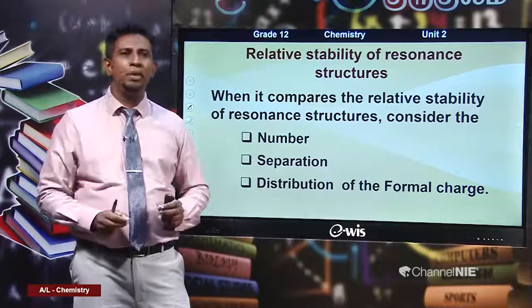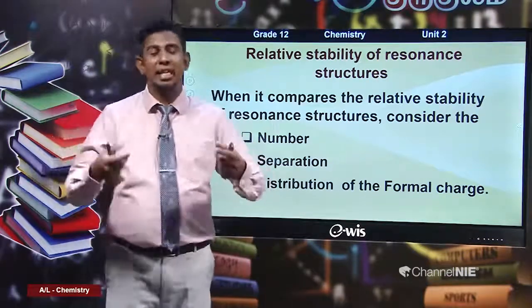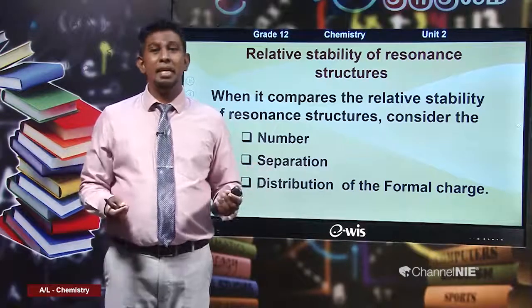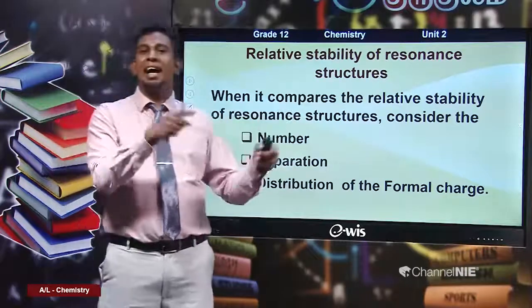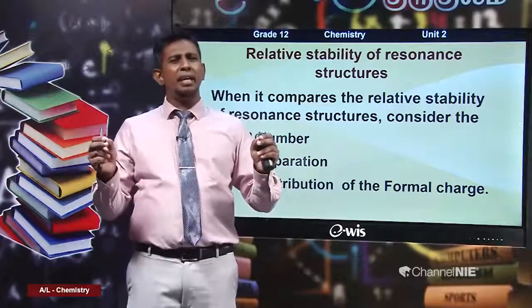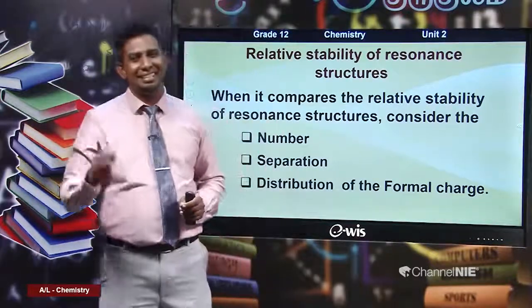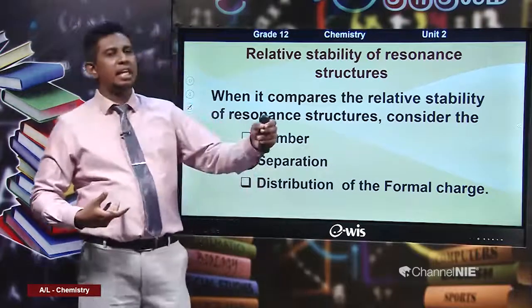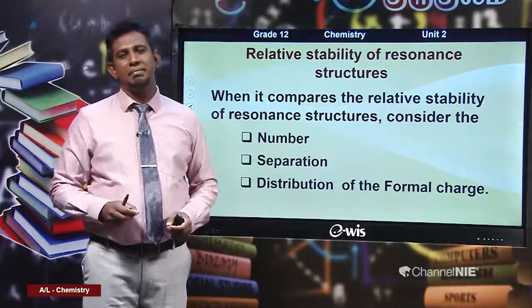There are suitable characters in the society for various different things. It might be difficult as well, but they would face it successfully more than others. So we need to find the suitable character carrying the charge. A more electronegative atom would carry the negative charge more easily than a less electronegative atom.